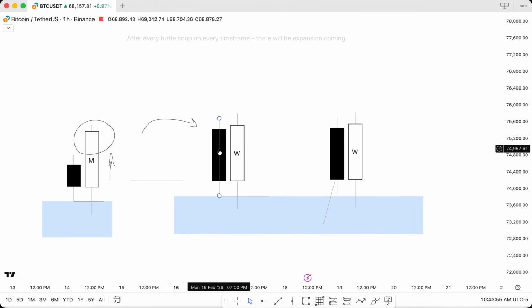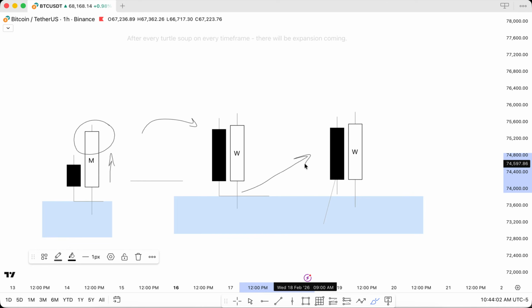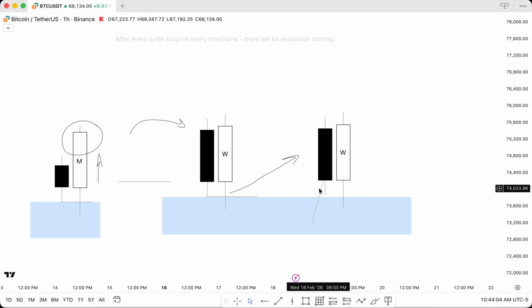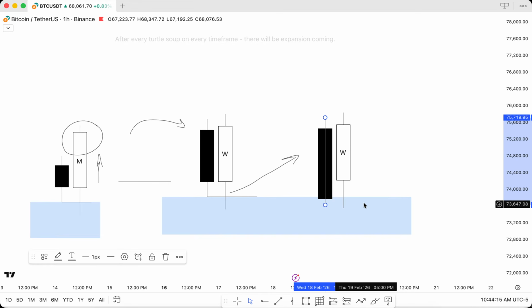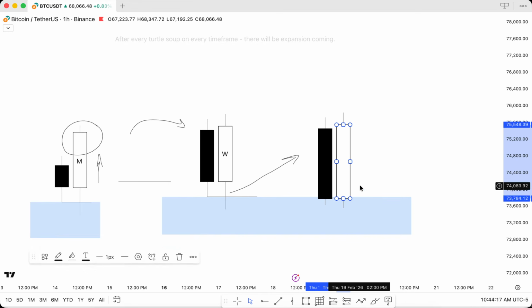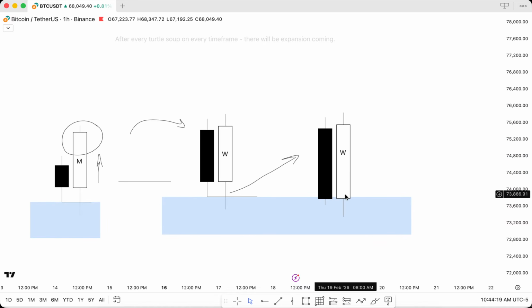Let's say in this week we are showing how the week formed. Let's say this is a Monday candle. Monday makes open low, taps the key level, and Tuesday makes the open low soup of Monday inside the key level again, flipping Monday.